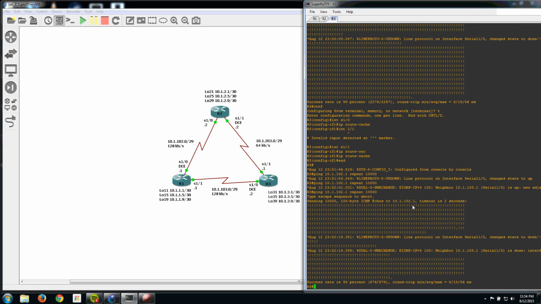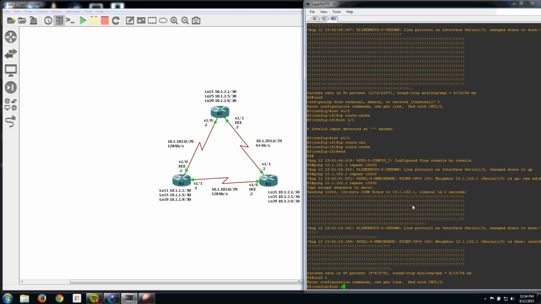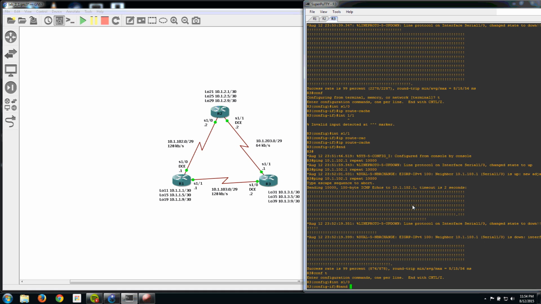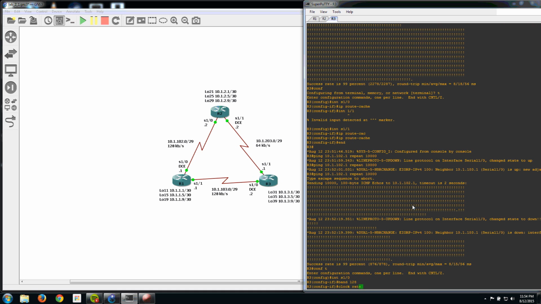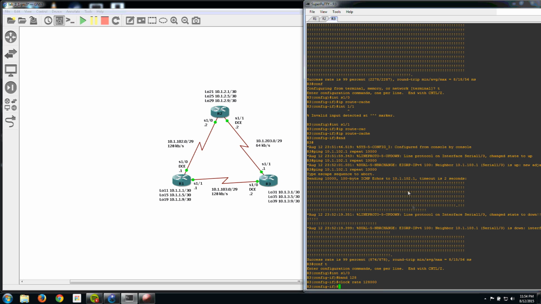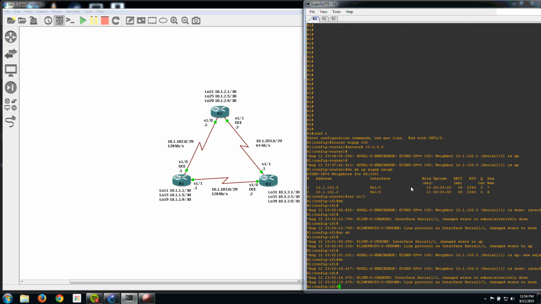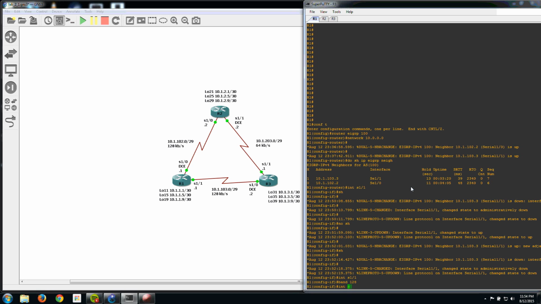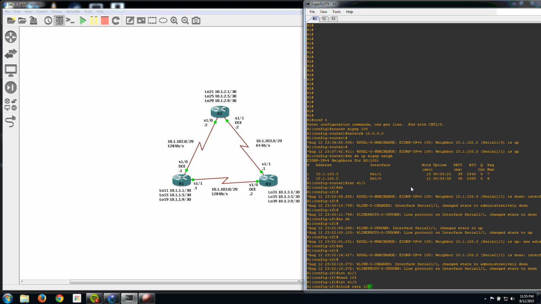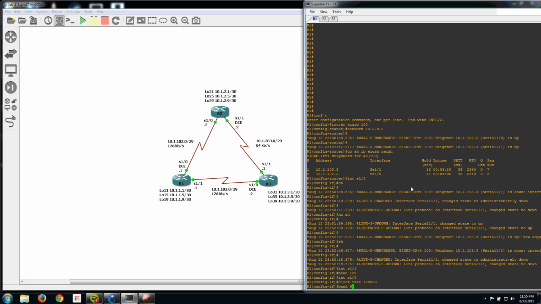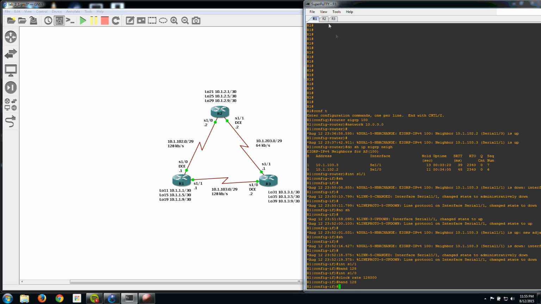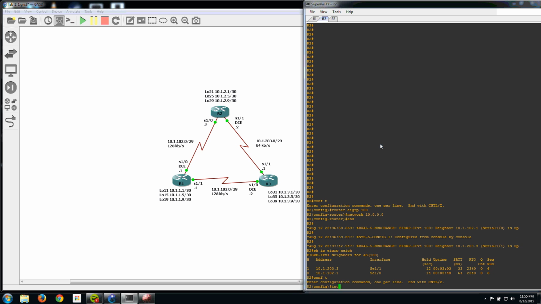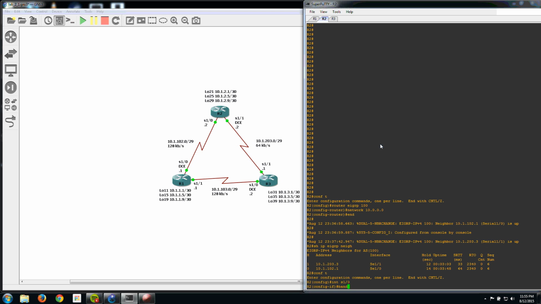So what we need to do is go into clock rate 2800, and go over to router 1, S11, bandwidth 128, interface S10, clock rate 12800, bandwidth 128, and go to router 2, S10, and do bandwidth 128 on that.